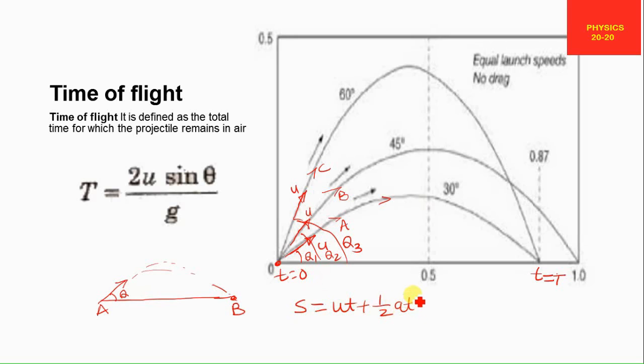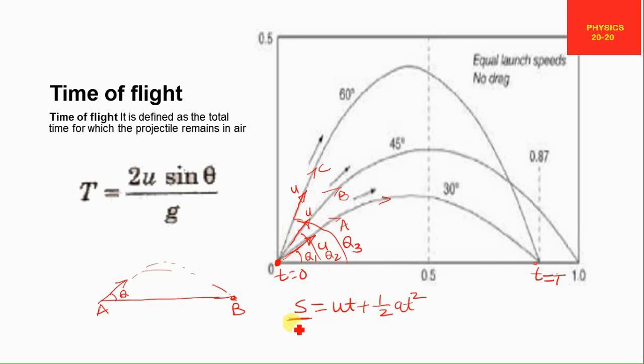S is equal to ut plus half at square. We take the vertical displacement, because the object is projected from this point and lands on this point. So the vertical displacement is 0.